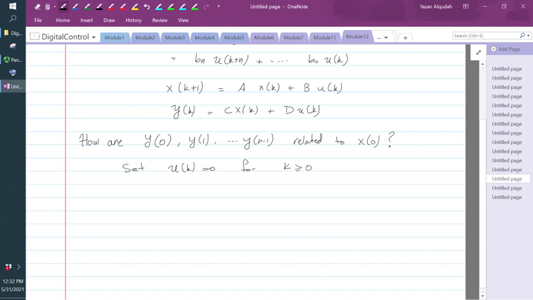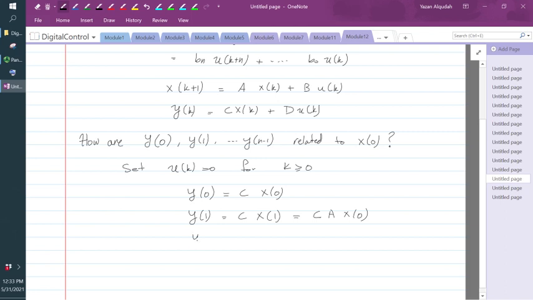Using the equation for y of k, we realize that y of 0 is equal to c multiplied by x of 0. Y of 1 is equal to c multiplied by x of 1, which is equal to c multiplied by a multiplied by x of 0, since x of 1 is equal to a multiplied by x of 0.